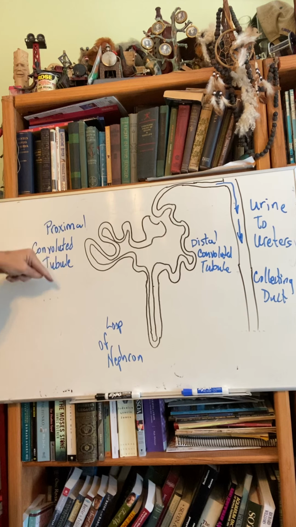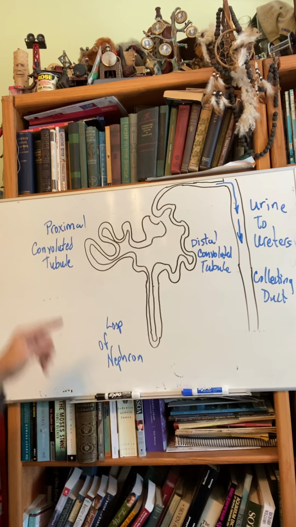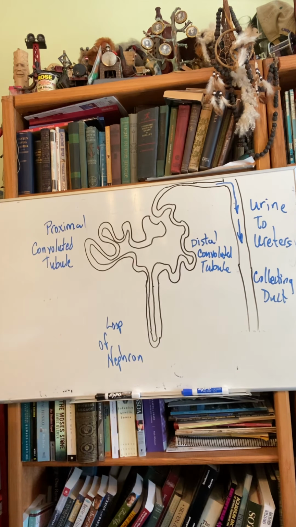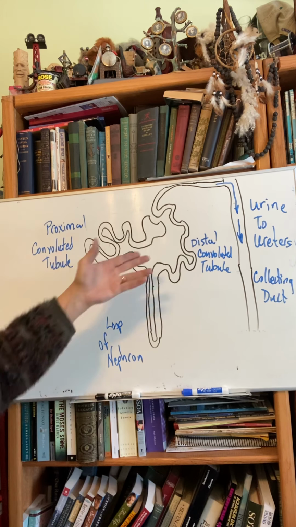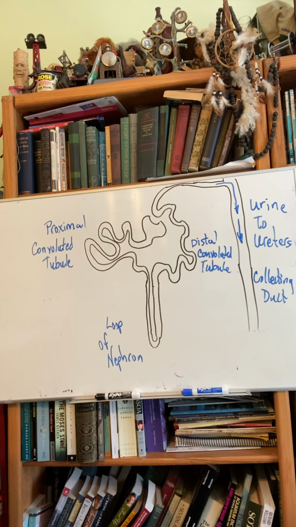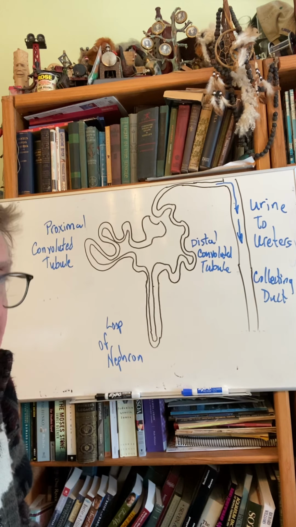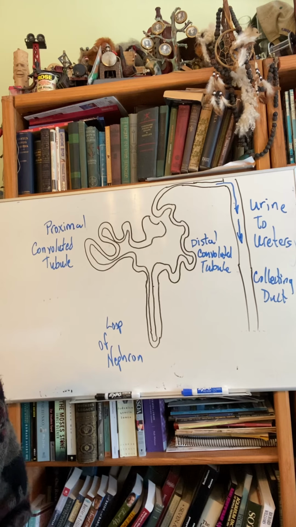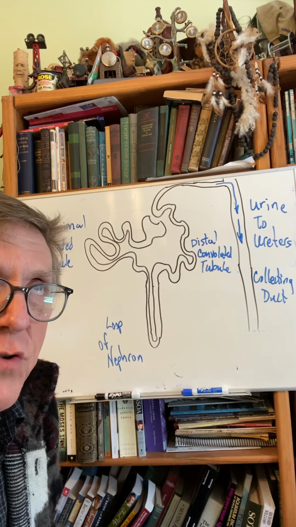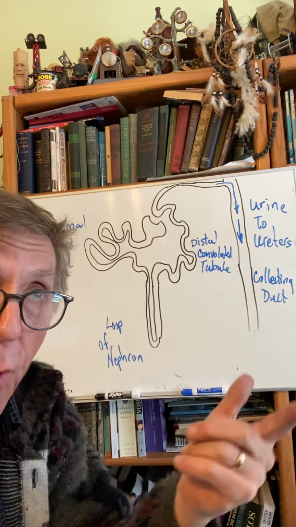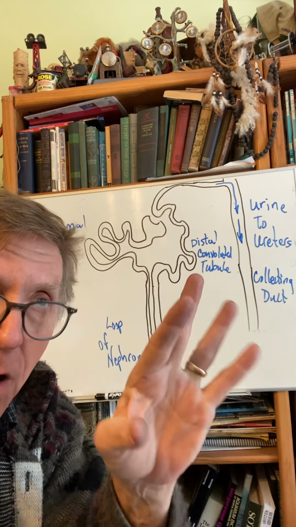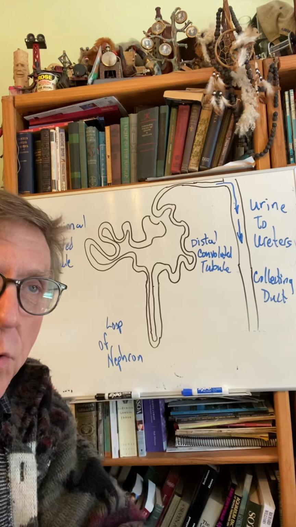And this reabsorption of the good stuff is going to be happening here in the proximal convoluted tubule, the portion of the tubule next to the nephron. So all of this kind of material is going to be actively transported back. Another thing that is going to be actively transported back and is very important is sodium. But first, before I talk about sodium, I'm going to talk a little bit about glucose.